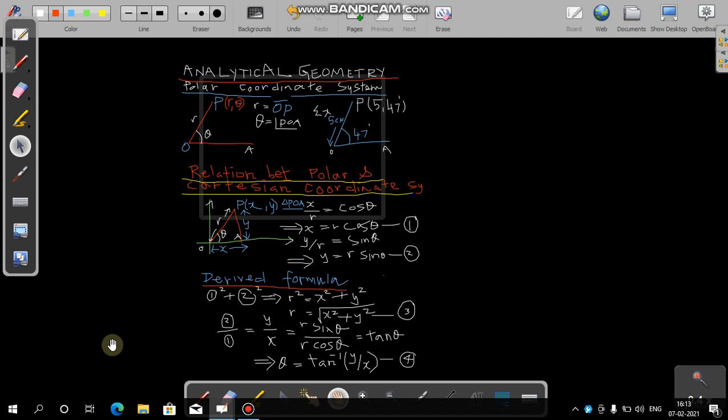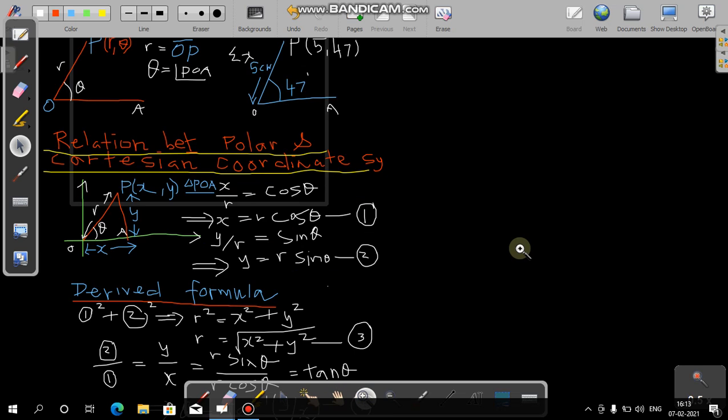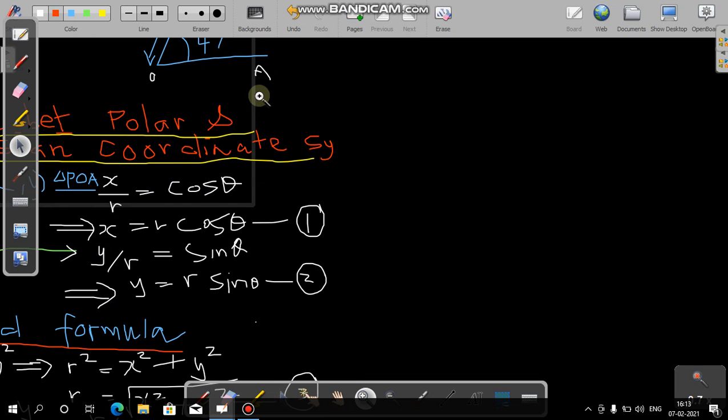We know that analytical geometry is a geometry which analyzes the connection between the variables, between the sides and angles. That's called what? Analytical geometry, we say.